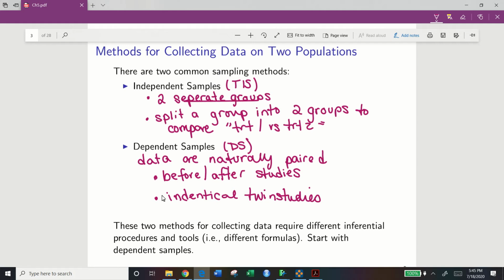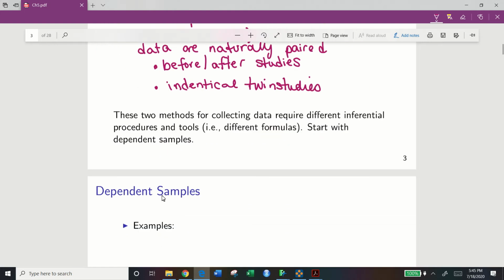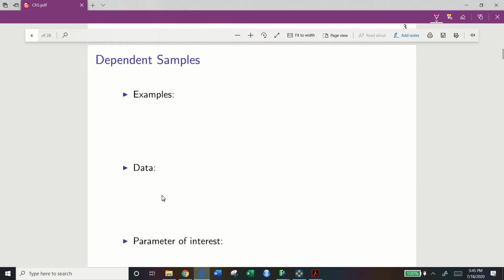These two methods for collecting data require different inferential procedures and tools, meaning different formulas. We're going to start by focusing on the dependent samples. I do want to warn you, your book, I believe, starts with independent samples, but the notes are structured a bit differently. So to begin with, let's give you some examples of dependent samples. I gave you one earlier, before and after treatments.